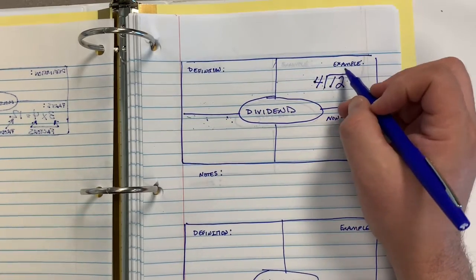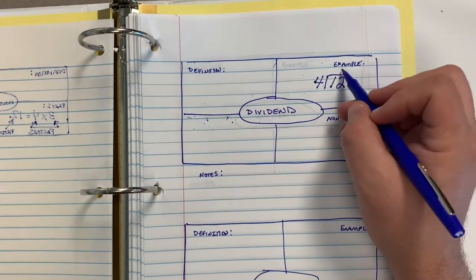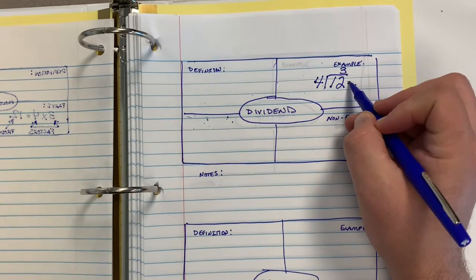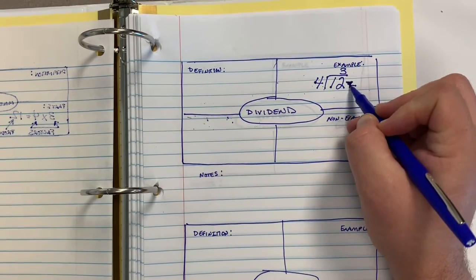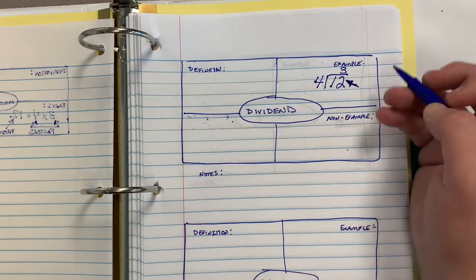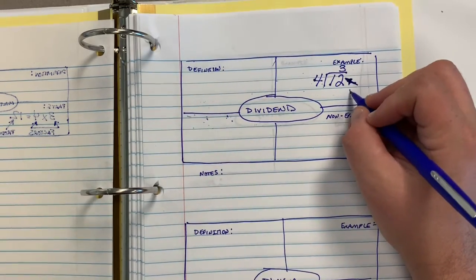This guy right here, our 12, is going to be our dividend.